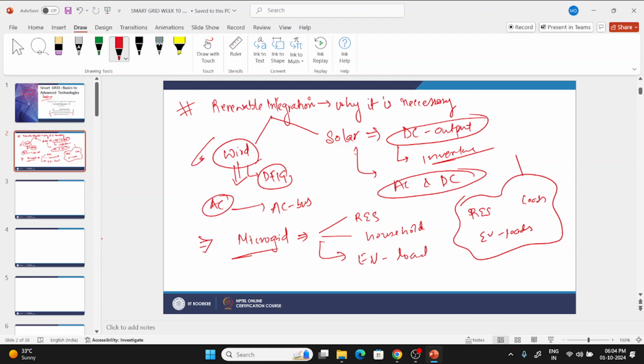There will be many microgrids like this over a network, interconnected and connected to the grid.